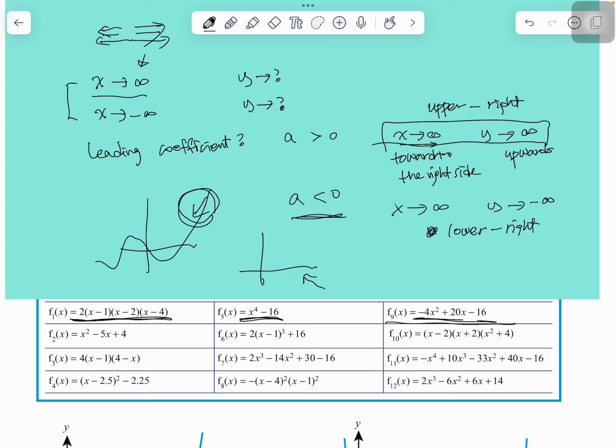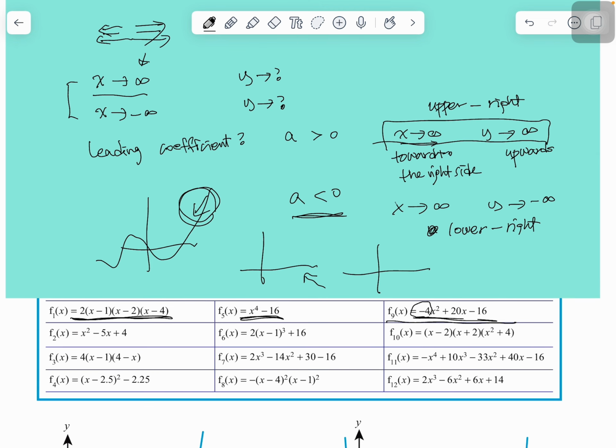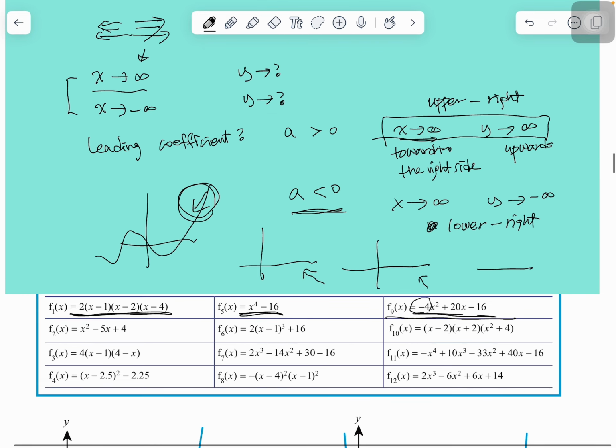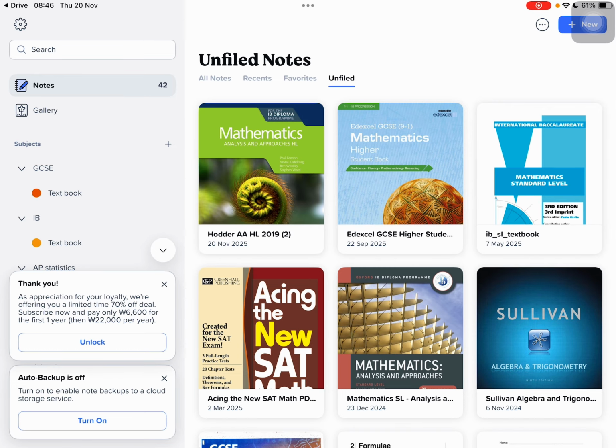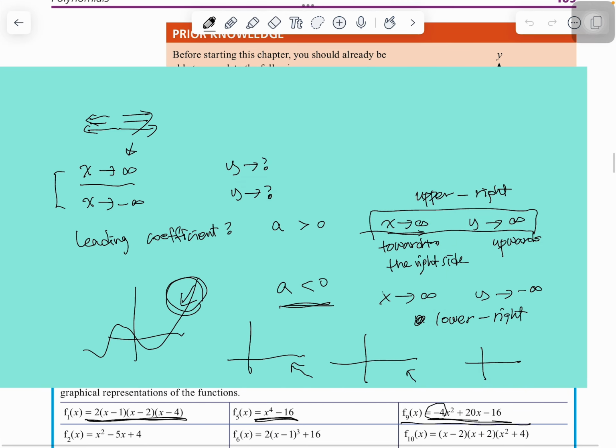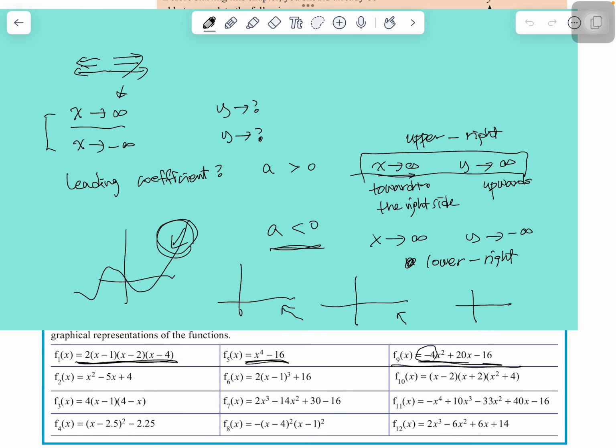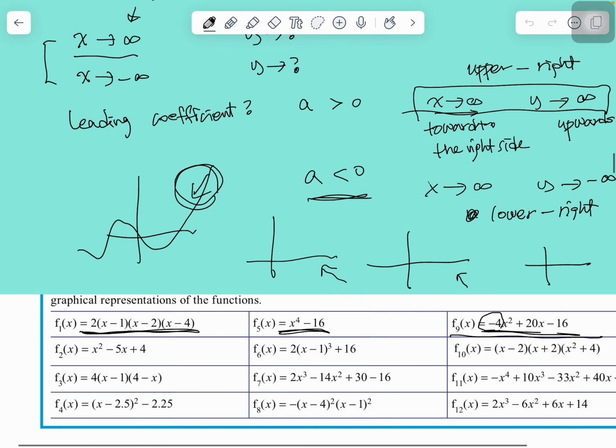Here, for f of x, we don't know how the sketch will be, but since the leading coefficient is negative, it may start something like this.